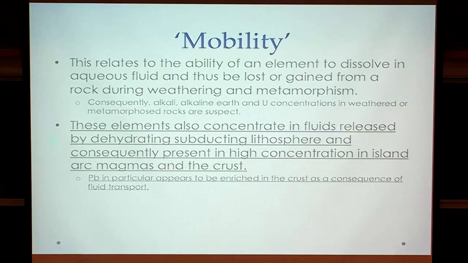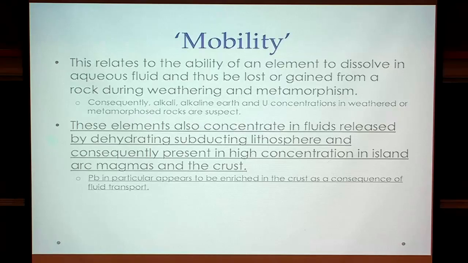One thing this means is that these mobile elements, alkalis, alkaline earths, uranium, are suspect if the rock is not truly fresh. This is one of the problems with peridotite exposures: they're almost invariably metamorphosed and altered by crustal fluids. So we can't trust elements like that in rocks like that.